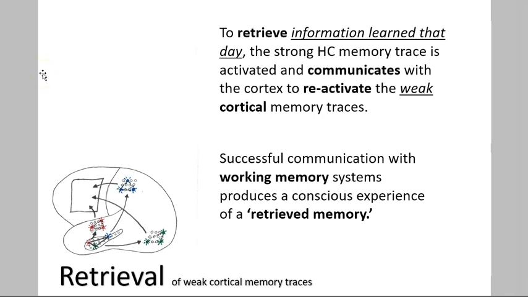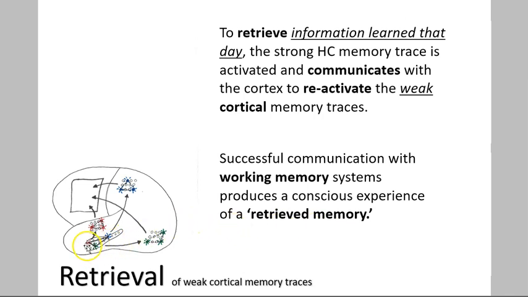So now let's return to a person with an intact brain and what happens during retrieval of memory right after learning. To retrieve information learned that day, the strong hippocampal memory trace is activated and communicates with the cortex to reactivate the weak cortical memory traces. Successful communication with the working memory systems produces a conscious experience of a retrieved memory. So notice our brain picture down here.